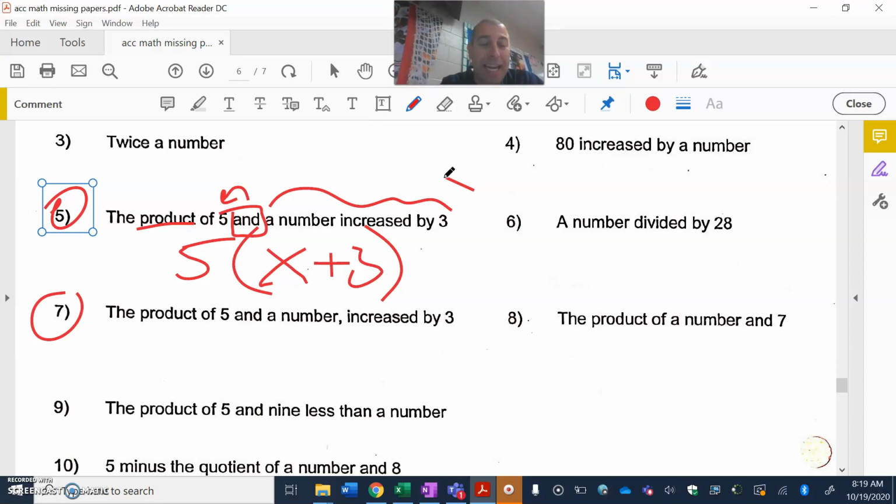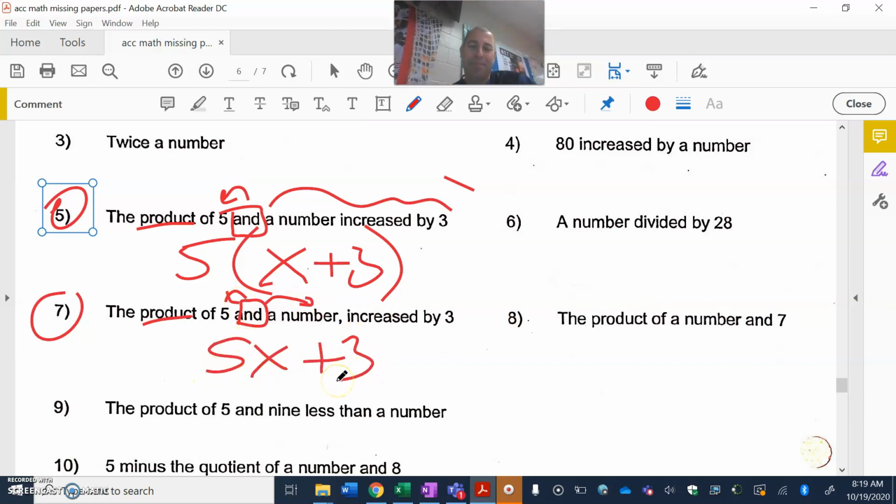That tells me you're going to multiply. There's my and. If you look to the left, see how there's the comma there? It makes you stop, makes you pause. Because of that, that would be our 5x, and then our increase by 3. So again, open to interpretation. We'll definitely talk about some of them when we see you guys in class.